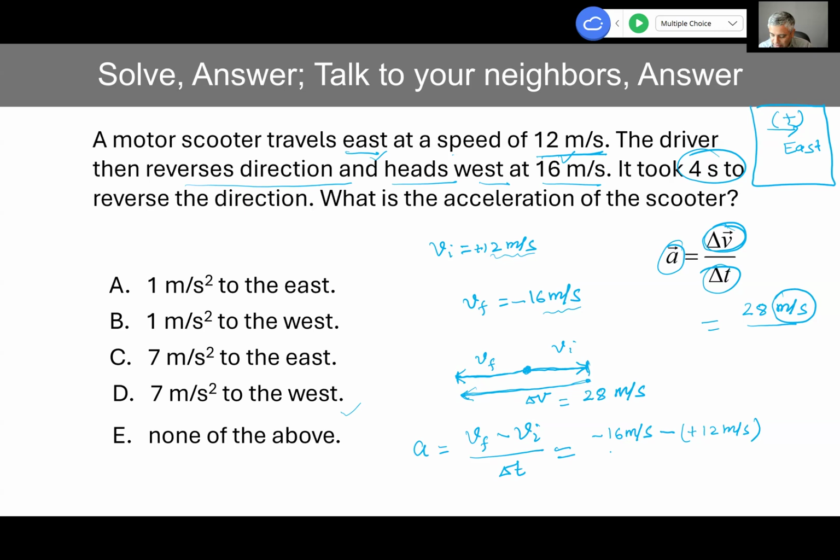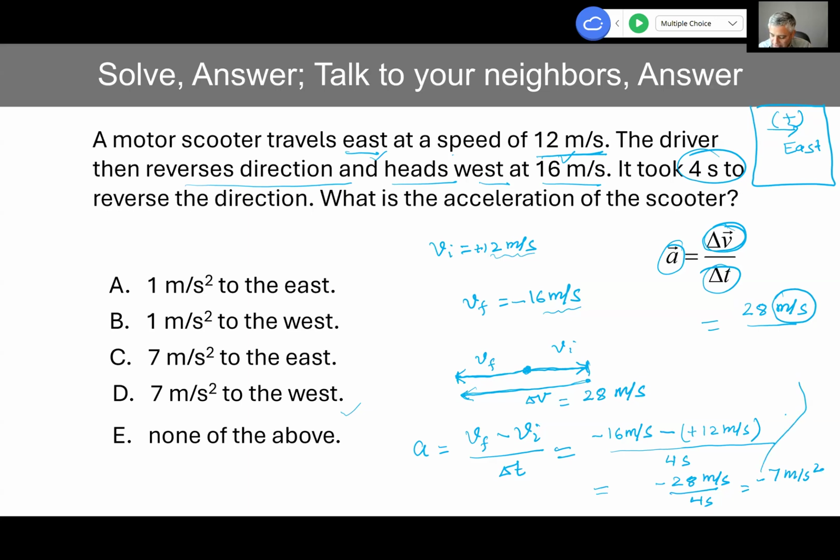So this negative times positive is just a negative, and time interval in this case is 4 seconds. Okay. So 16 and 12, both of them are negative, meaning they get added. So it becomes negative 28 meters per second over 4 seconds. That gives you negative 7 meters per second squared.